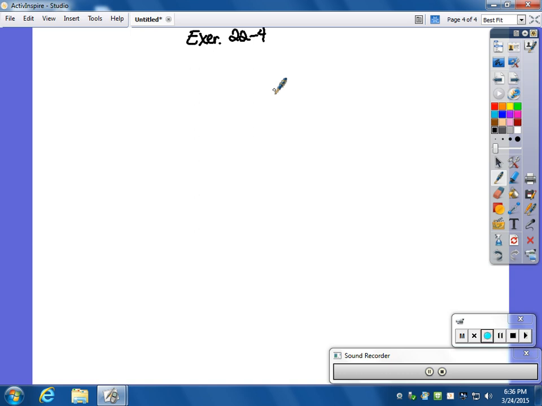Okay, so first we're doing the budgeted income statement. Remember, you're using the information from the previous problem. However, sales is what we start with, right? What are going to be the sales? What month is this for? This is for July. What were the sales in July?